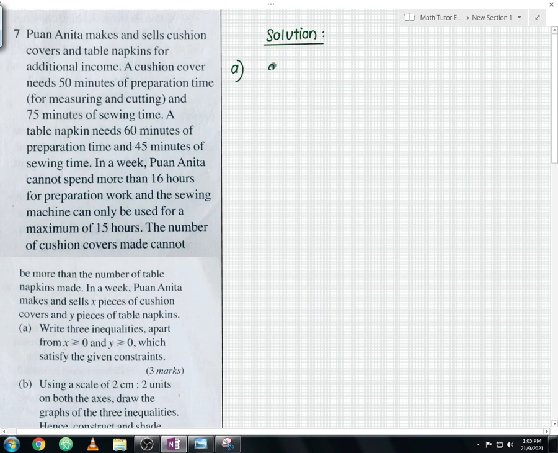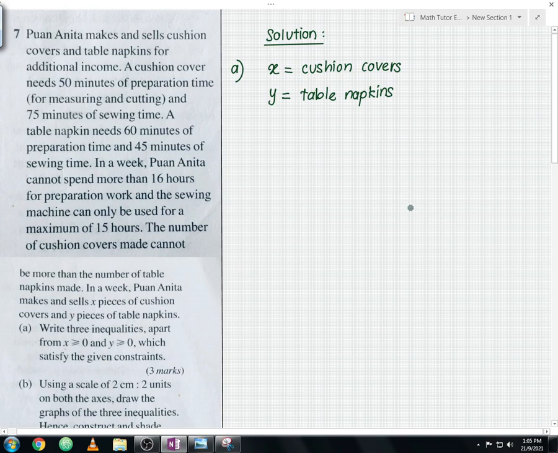So from here, X equals cushion covers and Y represents table napkins. Okay, so these two important pieces of information we have already written down in our working here.